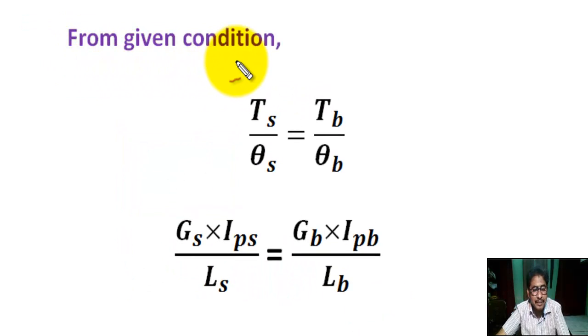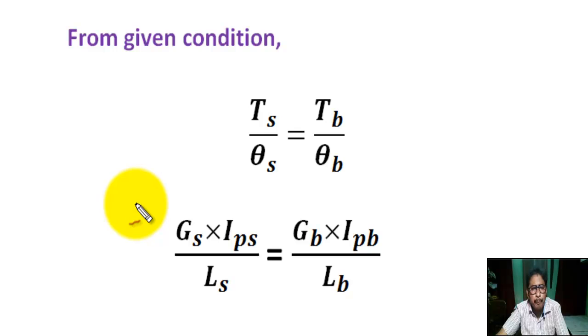From the given condition in our problem, Ts by theta s equal to Tb by theta b.